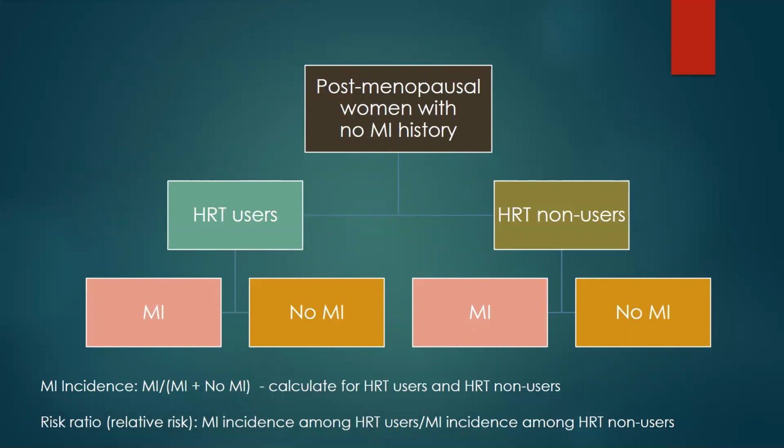And then our relative risk measure is just the comparison of those two incidence rates, the incidence rate for the exposed group divided by the incidence rate for the unexposed group. And that tells us how much more likely or how much less likely hormone replacement therapy users were to experience MI compared to non-users.